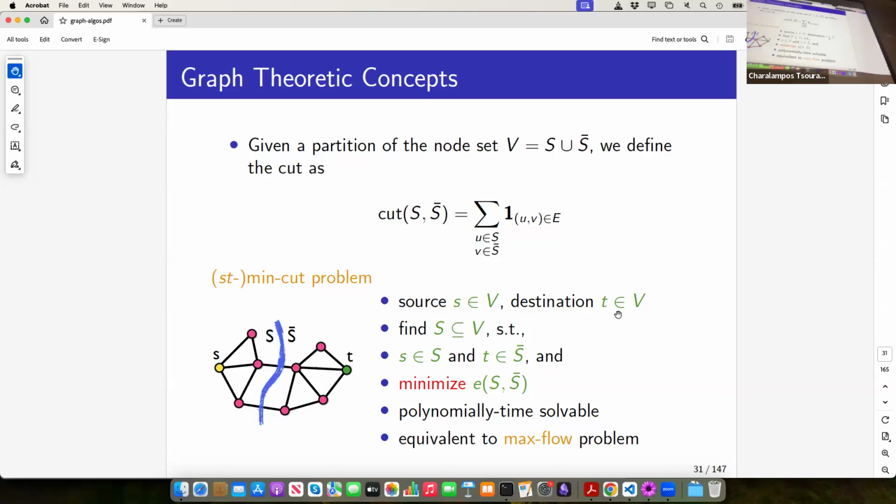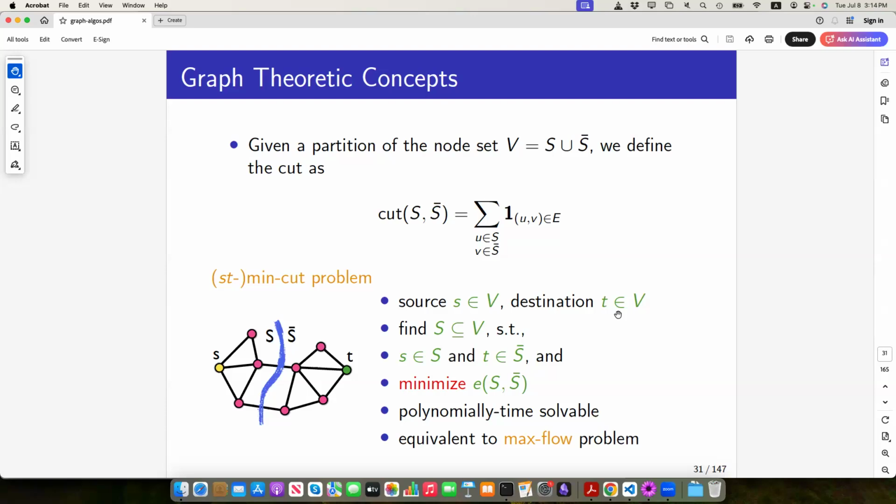A famous graph theoretic problem in CLRS, like in undergraduate algorithms, is the minimum ST cut problem. I give you a graph, a flow network actually. For simplicity, you have S and you have T, and you want to find a partition where S is separated from T, and you cut the smallest number of edges.